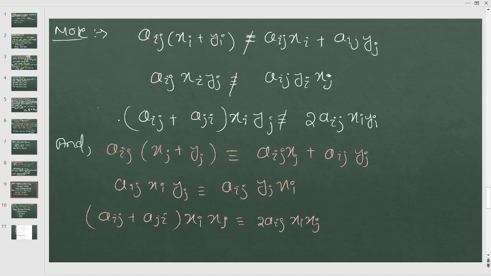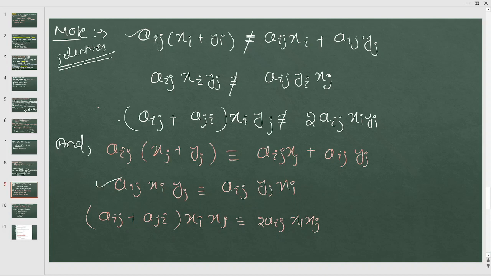So this is how we use the Kronecker delta in order to find the summations. Next, some identities we can't use, like some algebraic functions we can't use. See, aij times xi plus yi, I can't write it like aij xi plus aij yj. If it should be yi, you can write it as yi. aij xi yj, we can write it like aij yj xi.